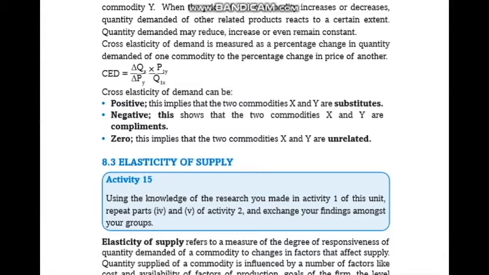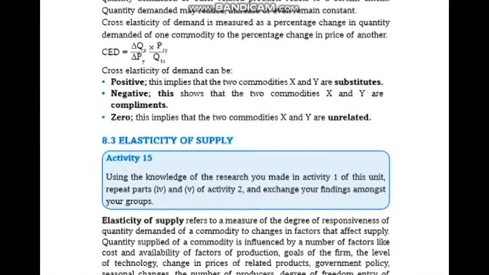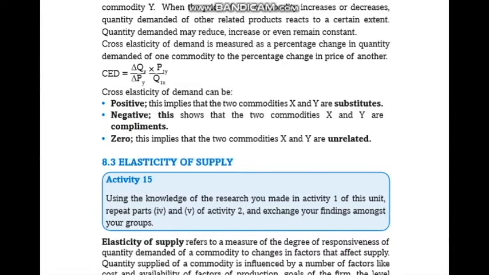Cross elasticity of demand is measured as a percentage change in quantity demanded of one commodity to the percentage change in the price of another commodity. So the formula is like that: change in quantity X over change in price Y times the price Y over quantity X. Remember, quantity and price are the initial ones.